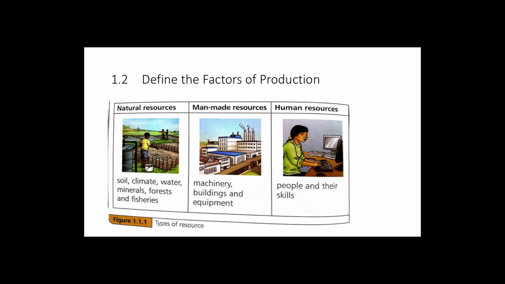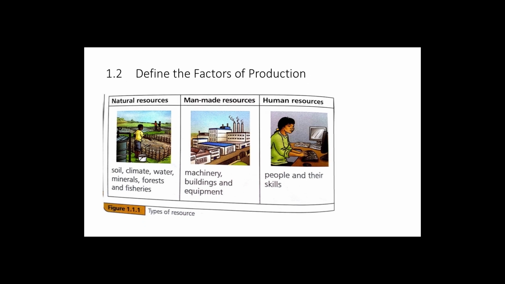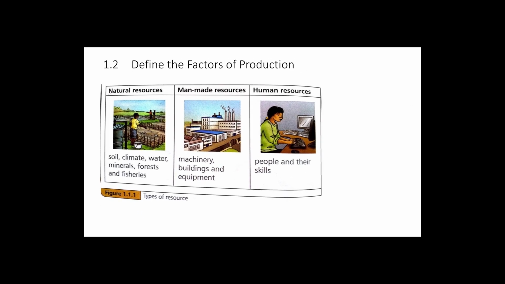So what are the 4 factors of production that you've learned? Land, labor, capital, enterprise. These are the 4 factors of production that we've studied. So land is basically the natural resources.